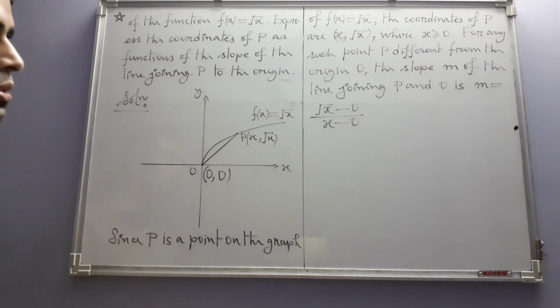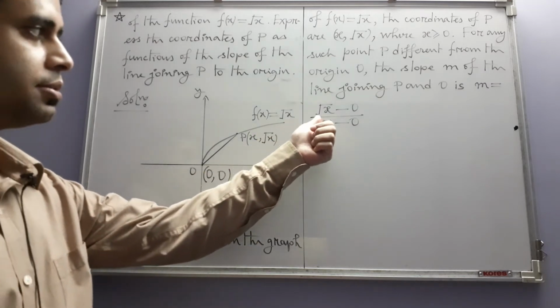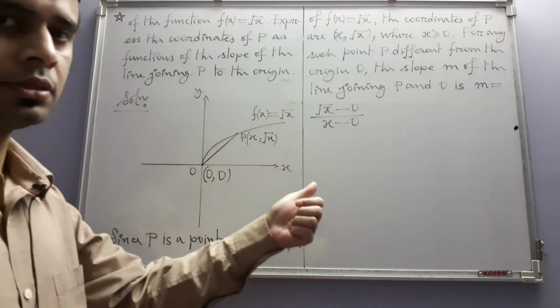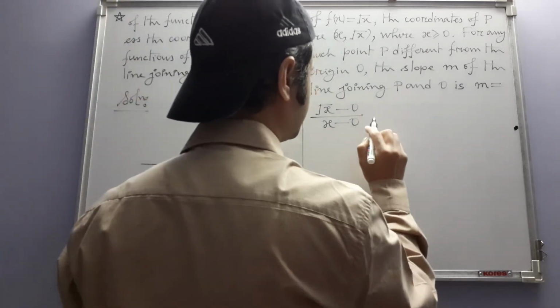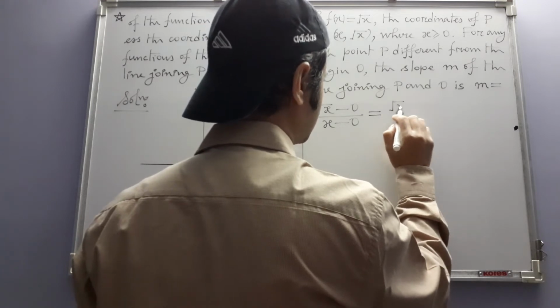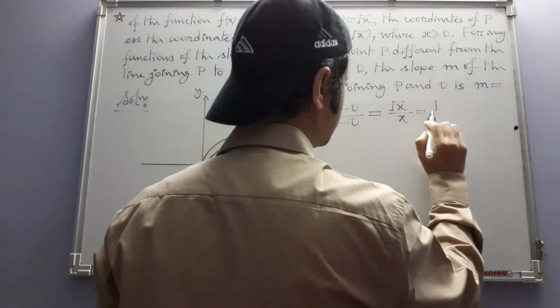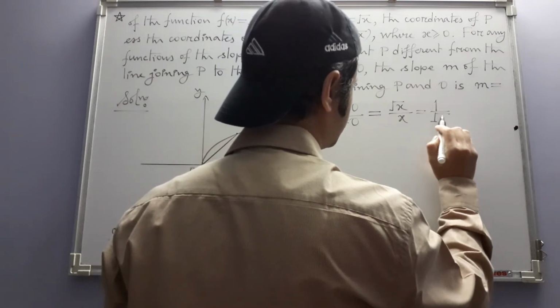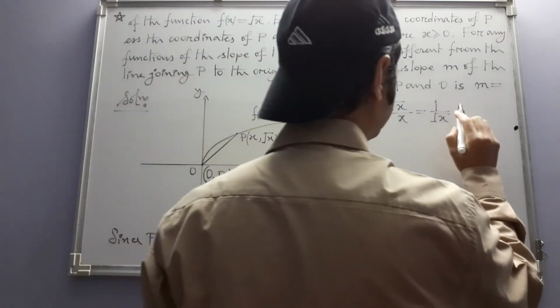From this formula itself you can see why we need P to be different from the origin, because if x is 0 then this quotient becomes meaningless. So this is equal to 1 over square root of x.